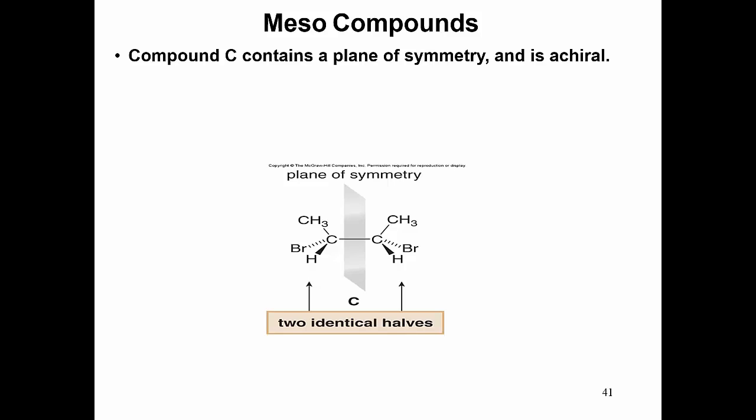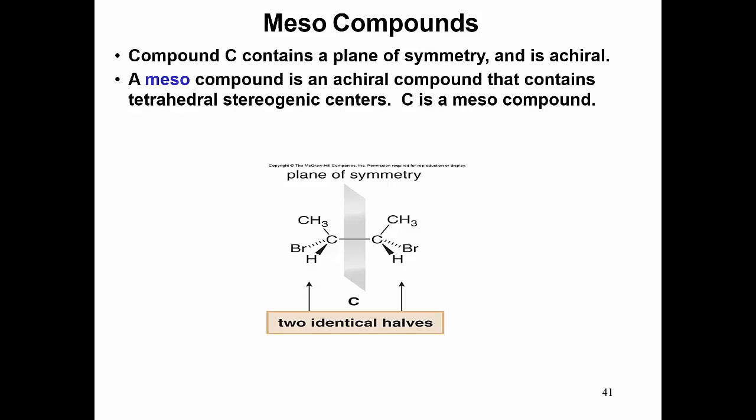We call compounds with these kinds of planes of symmetry that bisect the molecule, bisect the two stereogenic centers, if you will, and you get identical reflection from both halves of the molecule, mesocompounds. Okay, so we've learned the terms stereoisomer, enantiomer, diastereomer, and meso. It's just four new terms.